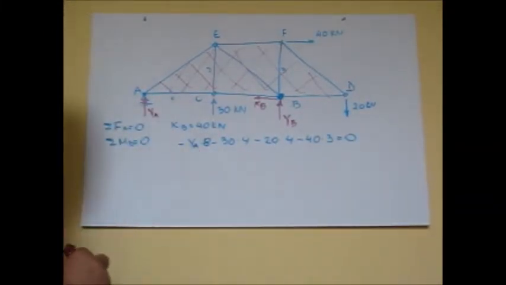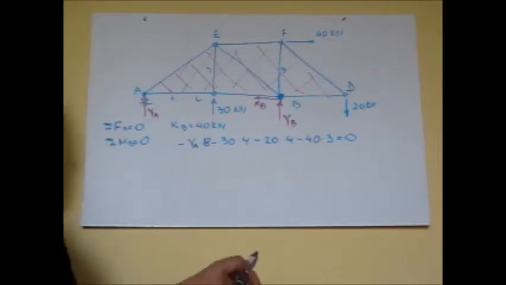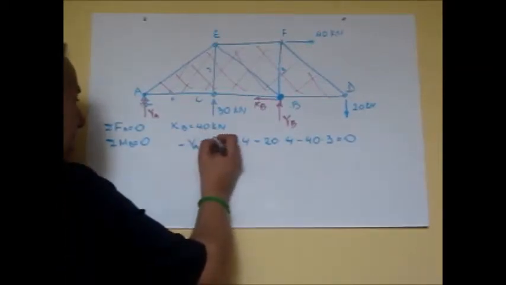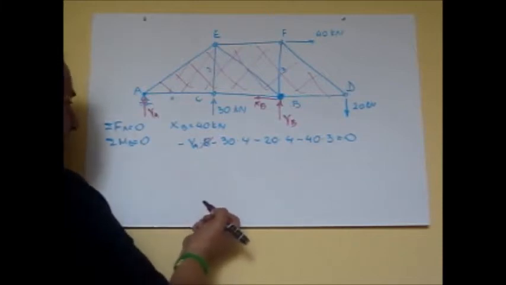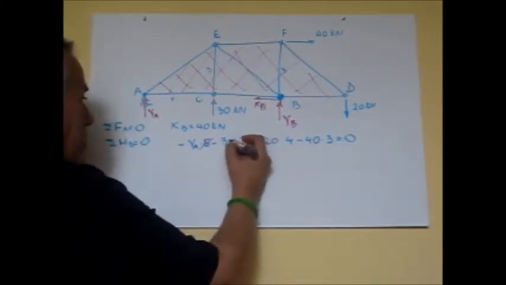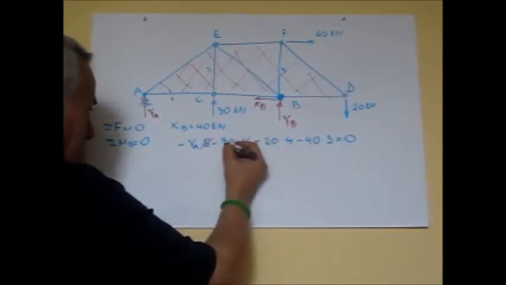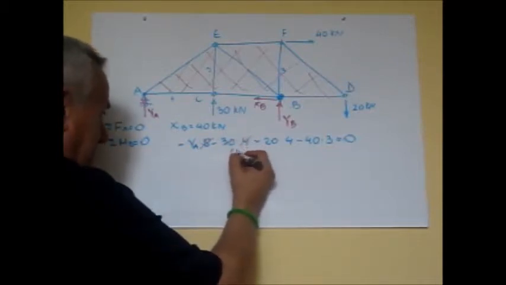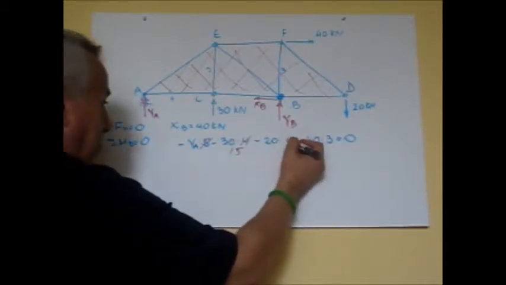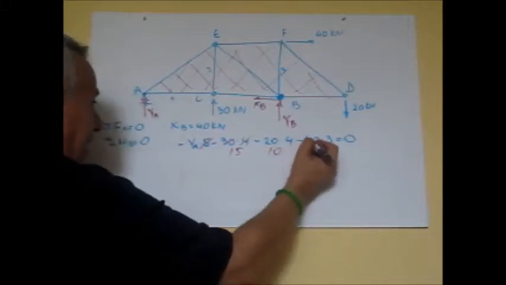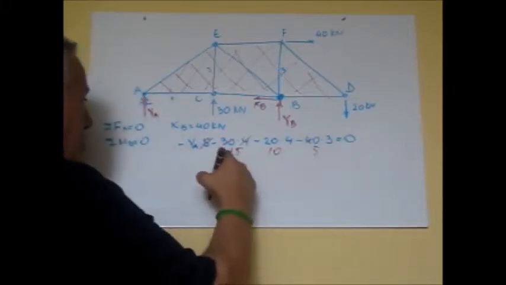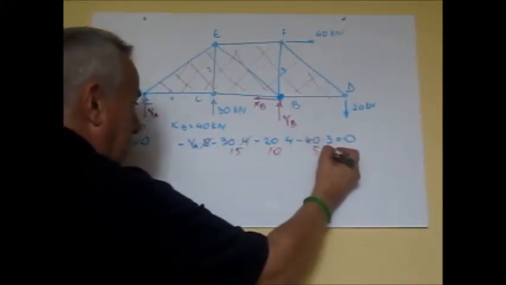To make it easier, I can divide everything by 8. 8 minus 8 divided by 8 is 0. This is 2, and this is 15, and this is 10, and this is 5. So 5 times 3 is 15.